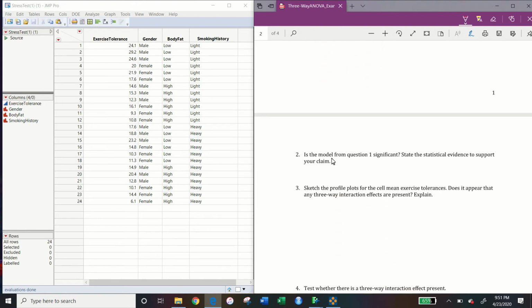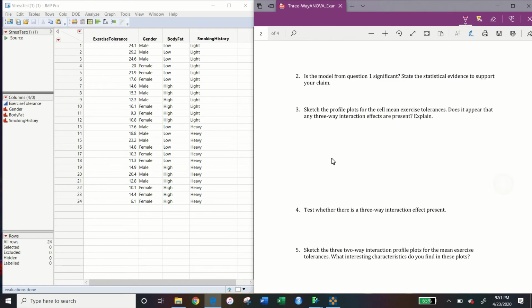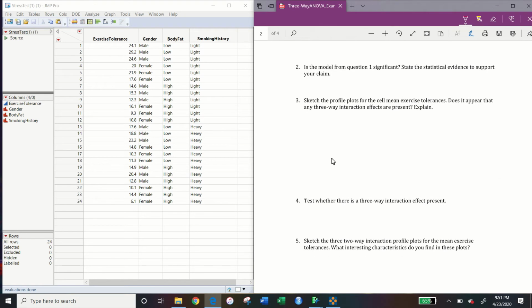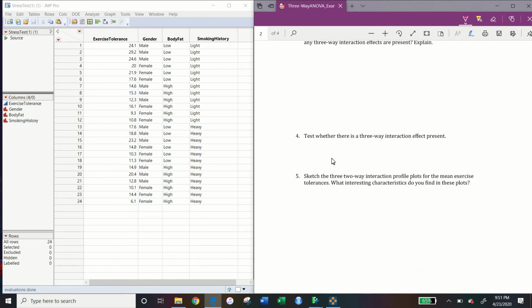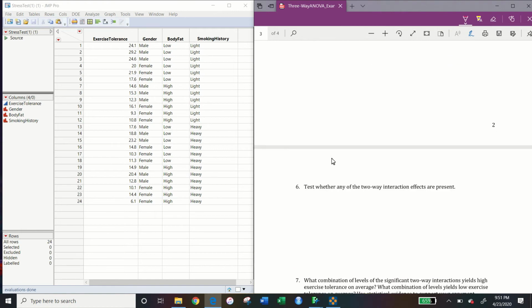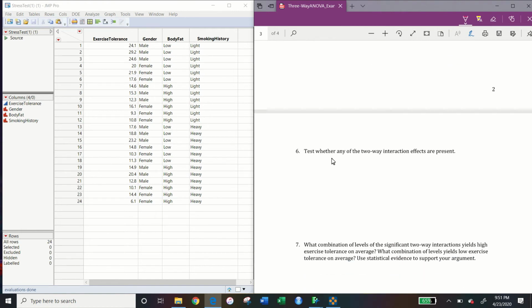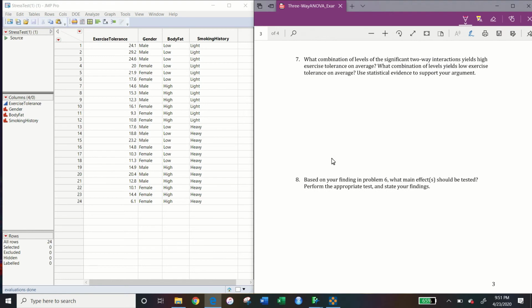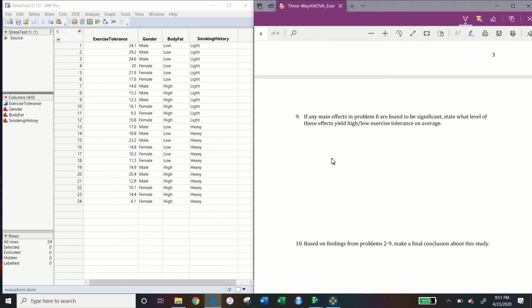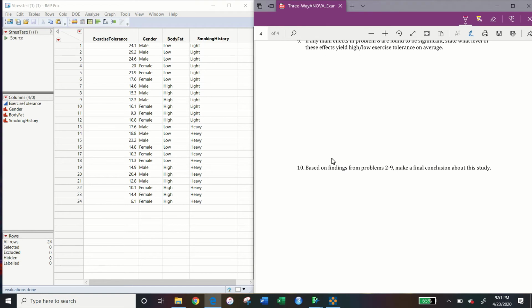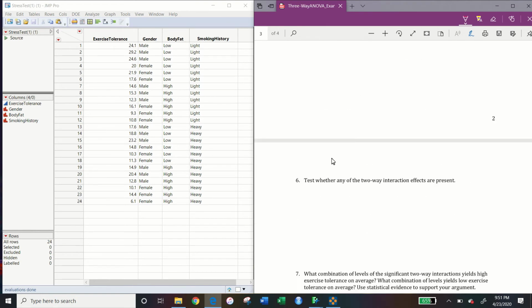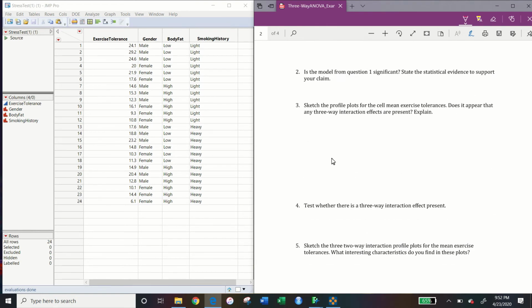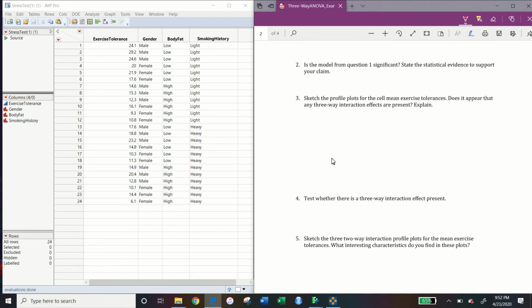If you take a look at the second page, questions 2, 3, 4, and 5, pretty much all of these are going to need JMP. Same with 6. Pretty much all of them, except maybe the last one, number 10, which is asking us to synthesize our study.